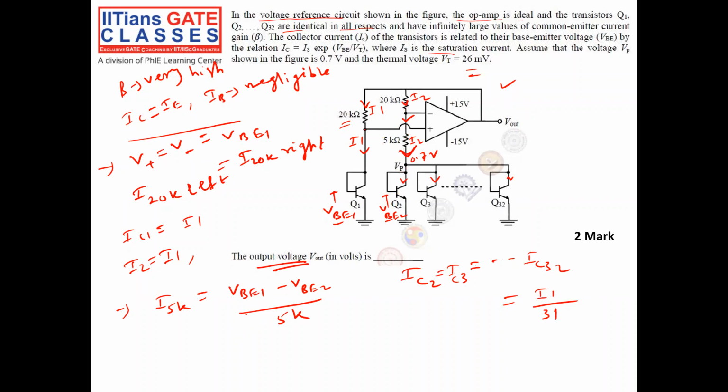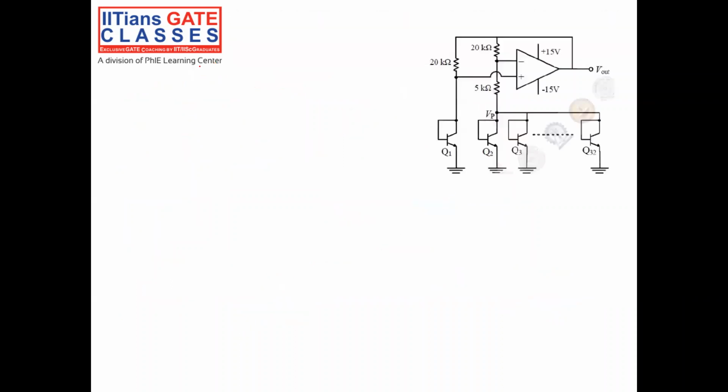Correct? So let us see what is the current in 5K. Since this is VB1, because of virtual ground, V positive is equal to V negative is equal to VB1 here.